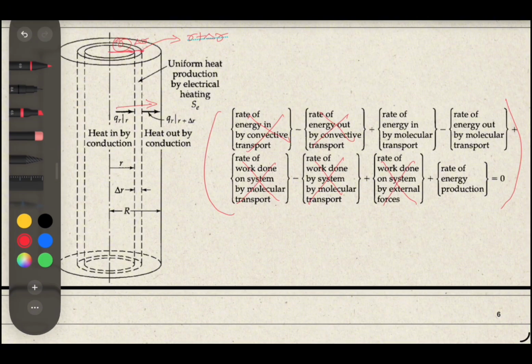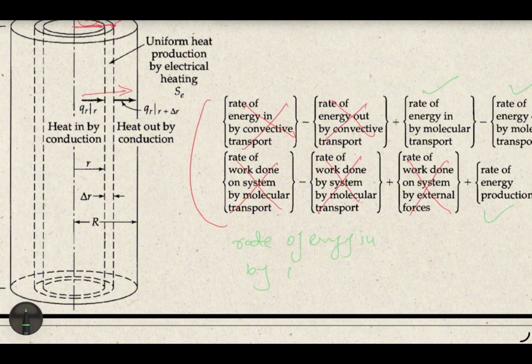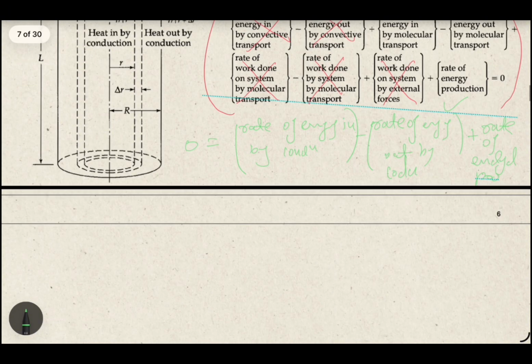We only have these three terms: rate of energy in by conduction, that is molecular transport, minus rate of energy out by conduction, plus rate of energy production, that is the heat energy generated, should equal 0. So we will be using this equation. Let's solve the problem.